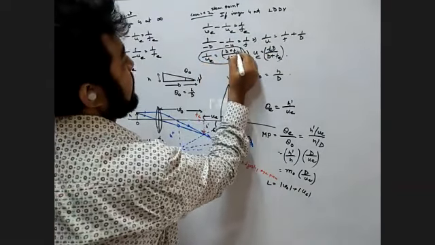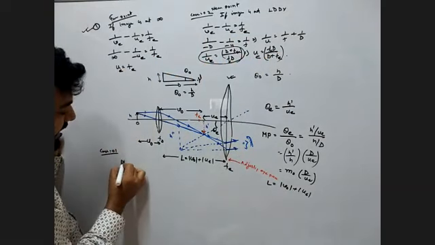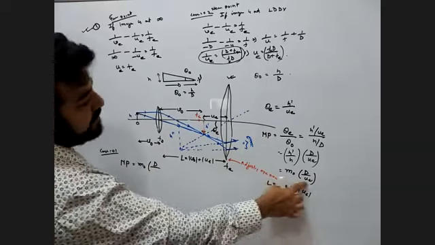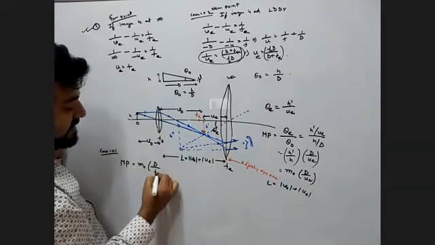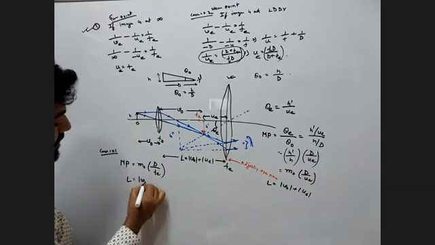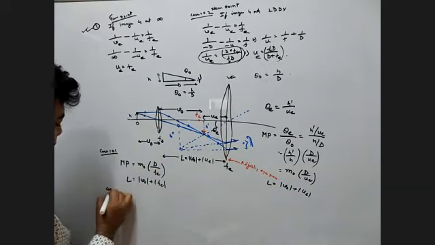So if I use case one, my magnifying power is m naught d by, instead of ue we can write fe. Rest is exactly the same. So L is what? V naught plus fe. Case two.